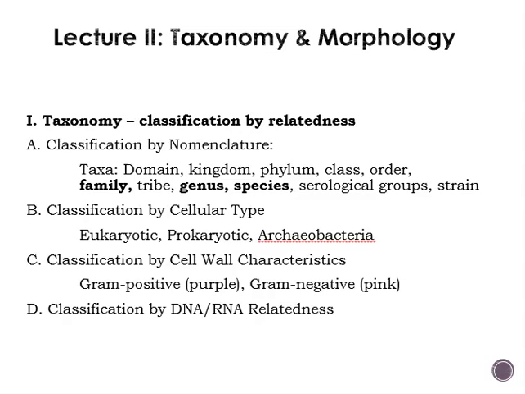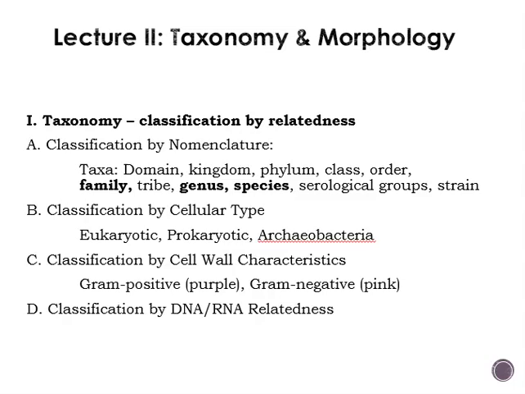Tribe, genus, species, serological groups, and strains. If you've taken any biology course previously, those categories probably sound familiar to you. The only things that we really need to worry about for the purposes of this class are the family, genus, and species. Then some organisms are further divided into subspecies.